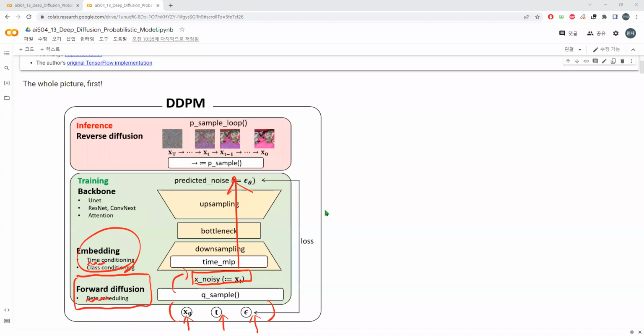Then the UNet outputs the predicted noise, epsilon theta. And we have to close the gap between these two, epsilon theta and real epsilon, with the loss function.